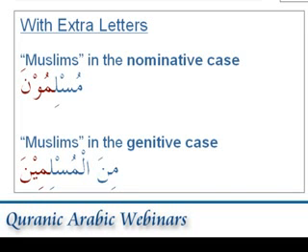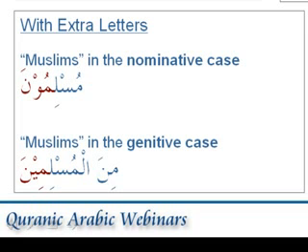And the first one, muslimuna, is in the nominative case, would be the subject, and muslimina is in the genitive case, maybe in a possessive sense or being affected by a preposition or an adverb. So here min is the preposition. So in this case, the case of the noun is being determined by these extra letters una and ina.